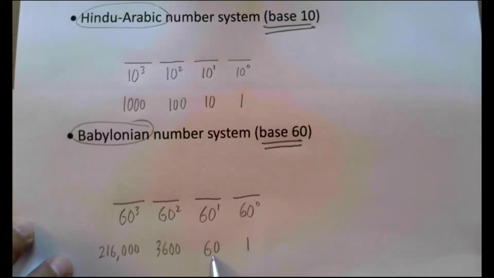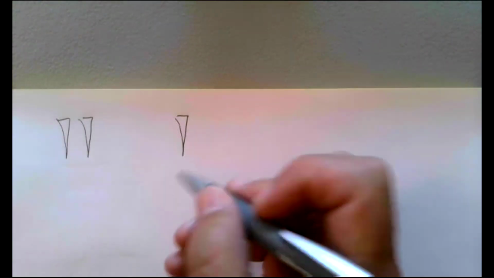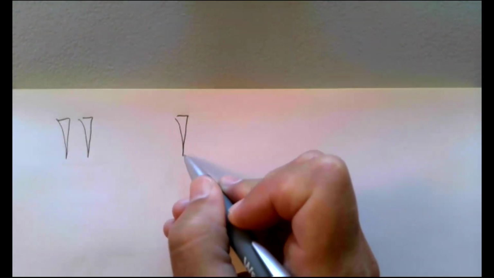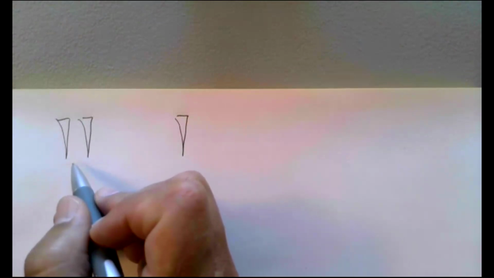Then they move over to the 60s place. Then they move over to the 3600s and then the 216,000s because they're going up by powers of 60. Okay? But the way they told you they were moving over is they left a big space. So what this means is this number is telling us that I have 1 set of 1 and 2 sets of 60. That's what this is saying.